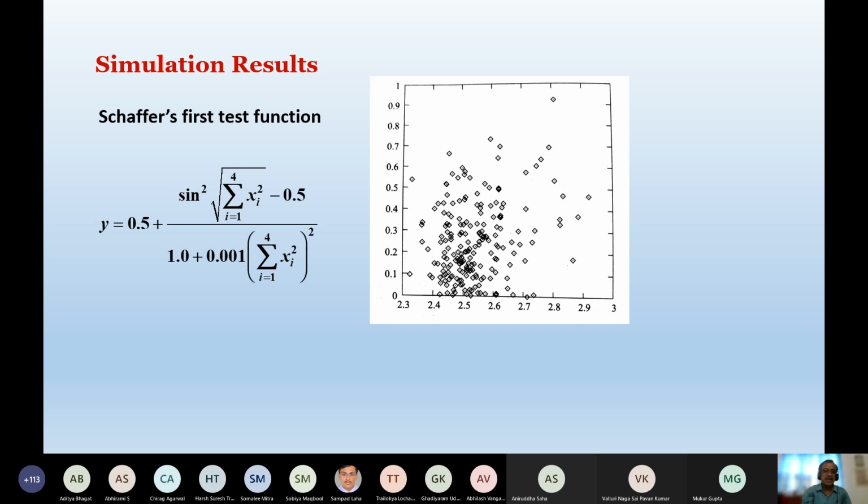If you see the expression, y equals 0.5 plus sine squared of the square root of summation i equals 1 to 4 of xi squared, minus 0.5, divided by 1.0 plus 0.001 times summation i equals 1 to 4 of xi squared. What is the dimension? i equals 1 to 4, so this is in 5 dimensions. Nobody in the world can visualize more than 3 dimensions.